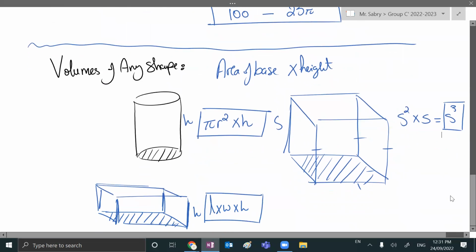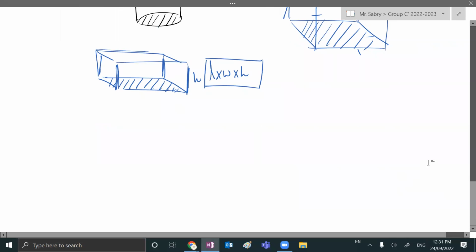The idea of the volume is that it gets me the size of something. Again, it's a 3D shape.